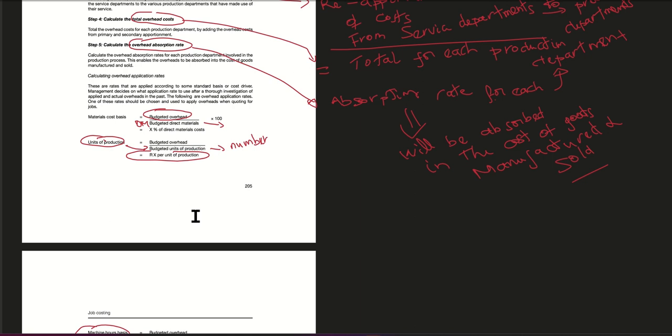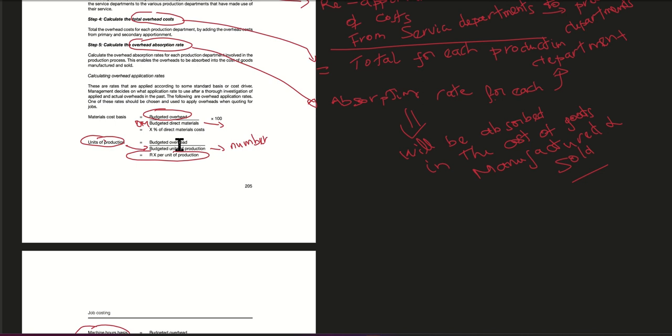And like I said, these are the different bases you could get. For example, the material cost basis. Your numerator will always be the budgeted overheads. Any manufacturing company would have a budgeted overhead. If the cost driver is the direct material being bought, we take the budgeted overhead divided by the budgeted direct materials, right?